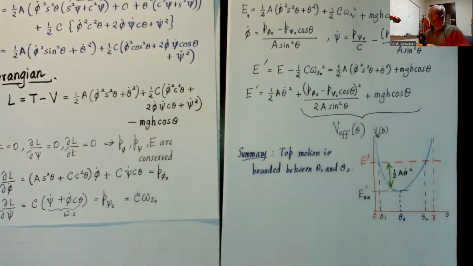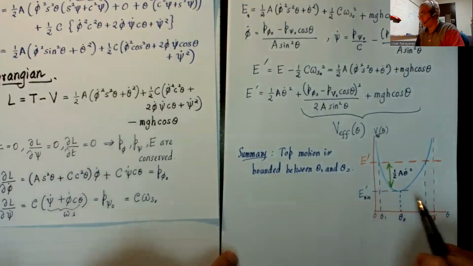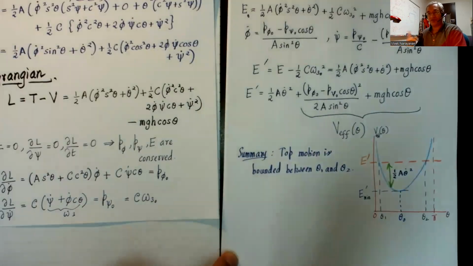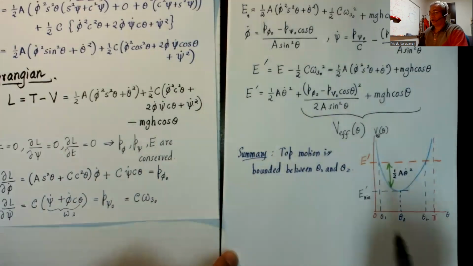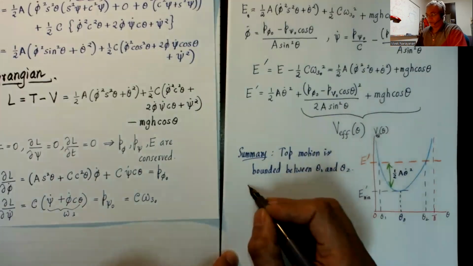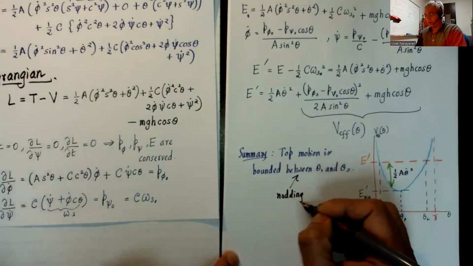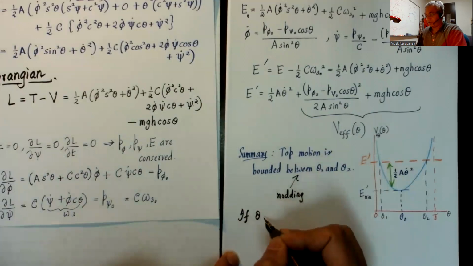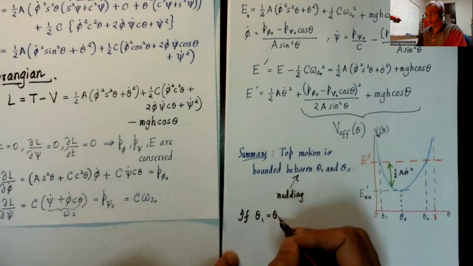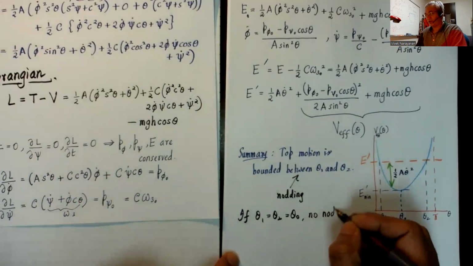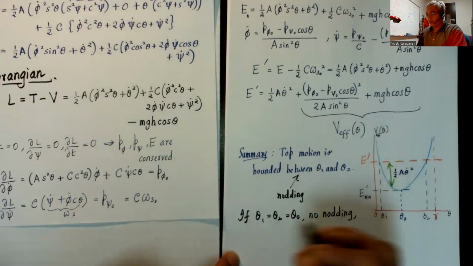And you all know how to get that. You can get that using calculus. Now, what's the significance of the minimum value? If theta is fixed at theta naught, it means the top does not nod anymore. It only precesses. So this is nodding. So I'll write here, if theta 1 equals theta 2 equals theta naught, then no nodding, only precession.